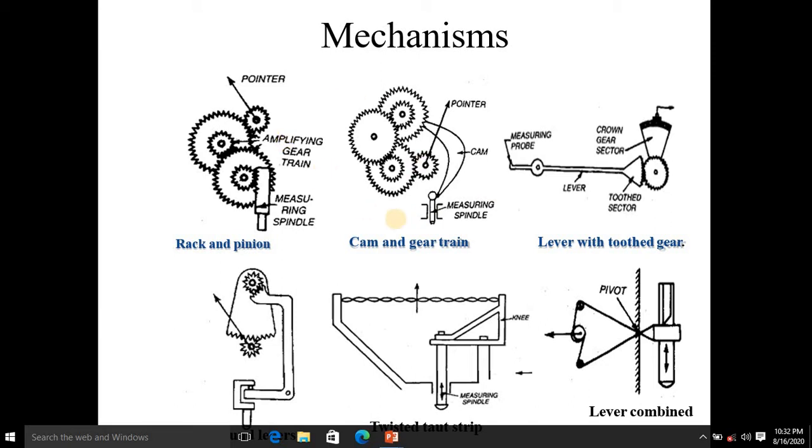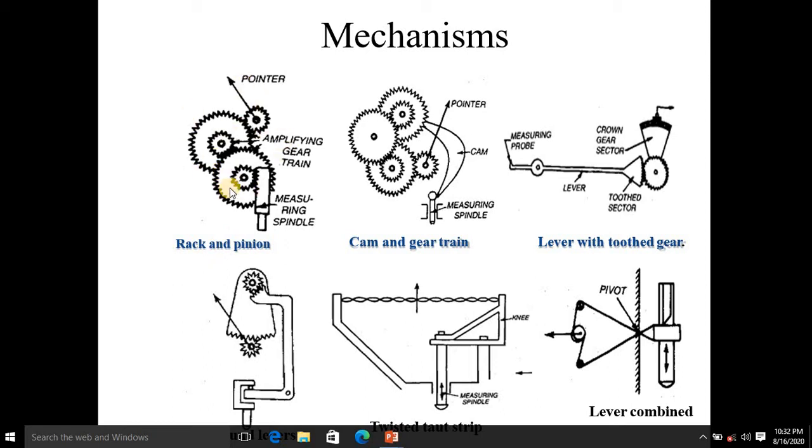We can get a range from 250x to 5000x in these mechanical comparators. You can see over here there are different types of mechanisms that can be employed in mechanical comparators for amplification and displacement.